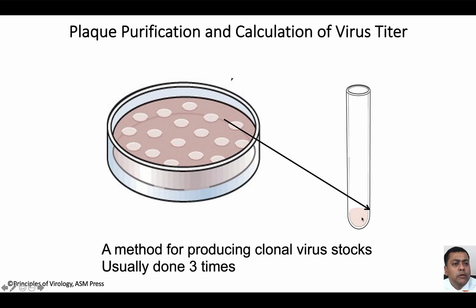The reason we do that is that viruses constantly mutate, and when we are doing the experiment, we want only one type of genetic makeup of the viruses. Sometimes, if some of the cells are infected by 2 viruses or 3 viruses, you can get a mixed population. So from a mixed population, by the plaque purification technique, instead of a mixed virus stock, you get a clonal virus stock where all of the viruses are the same.